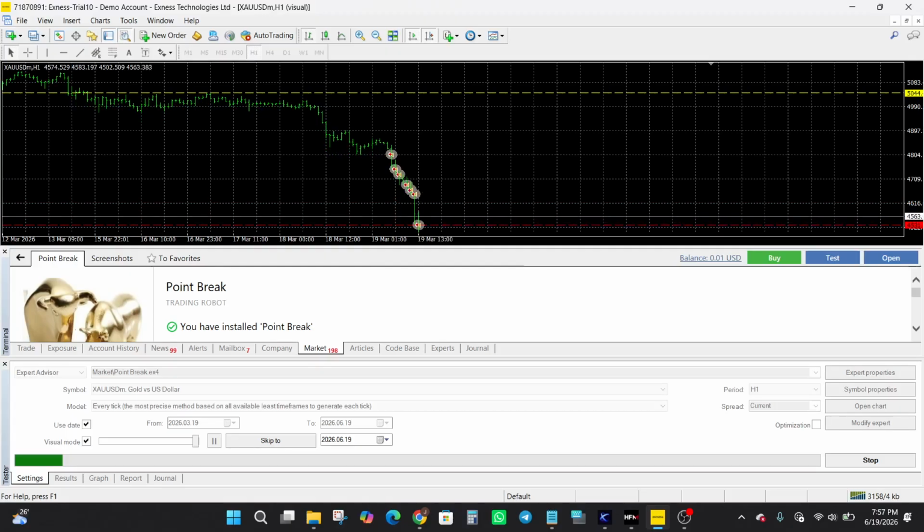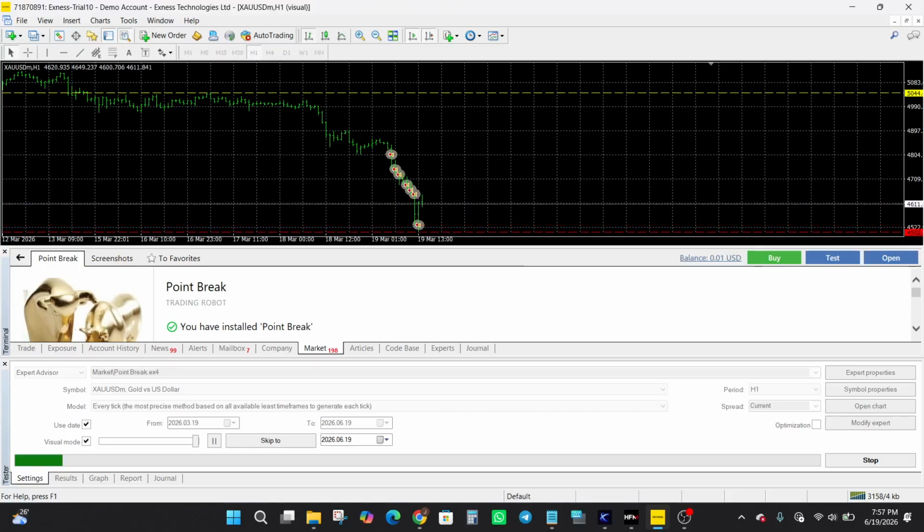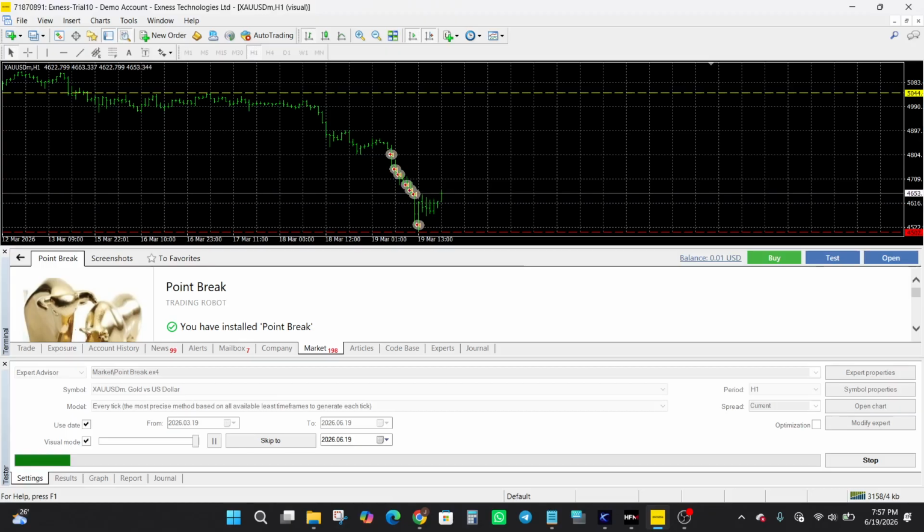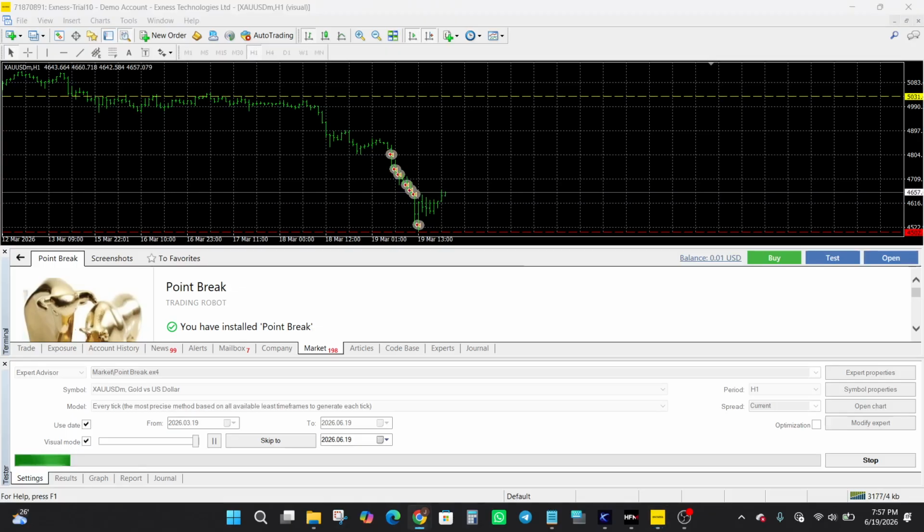Now, since the marketplace description specifically mentions automatic stop loss, trailing stop functionality, and balance based capital management, those are the areas I would want to pay particular attention to when reviewing the historical trading behavior.